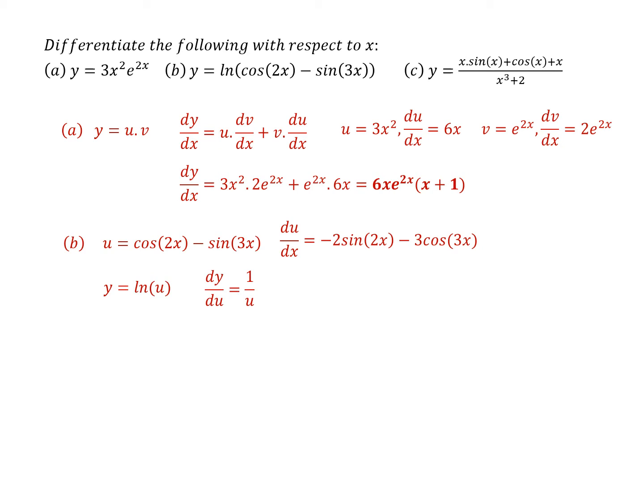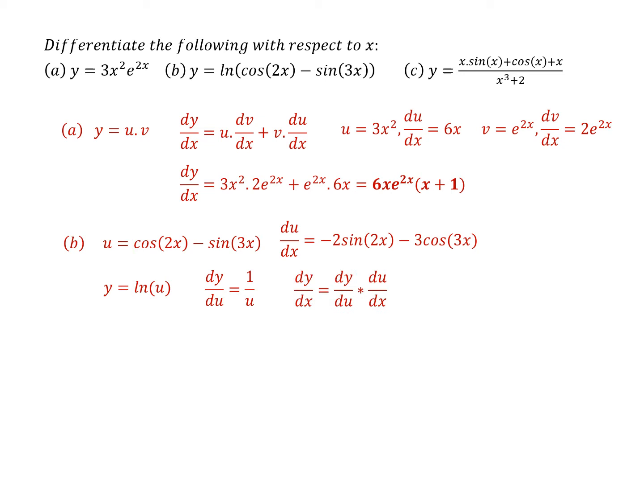Then if u equals this thing here, then y is now equal to ln u. And then dy du, differentiating y with respect to u, gives us 1 over u. So that's the preliminary differentiation. Now I can bring those two together with the chain rule.